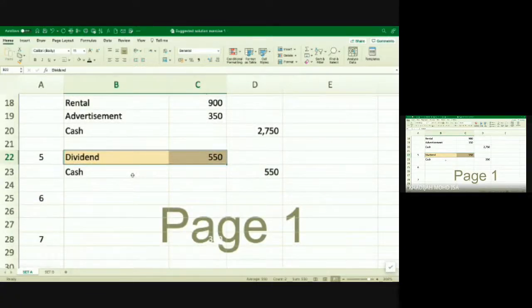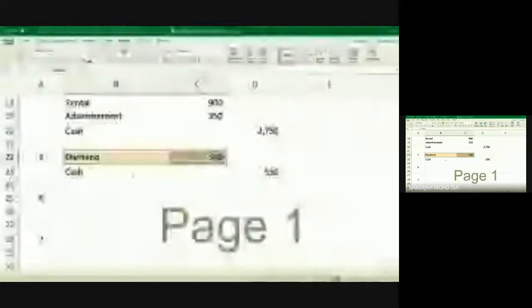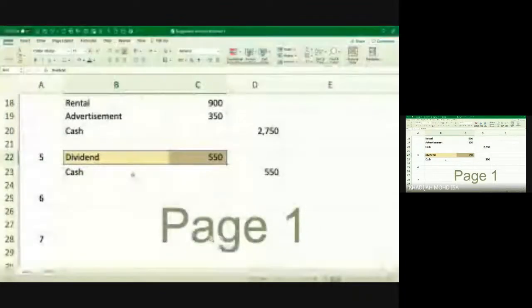Dividend is not an expense because dividend does not appear in your profit and loss statement. It appears in your statement of retained earnings, of owner's equity. Remember your owner's equity: you have the share capital, revenue, expenses, and dividends.